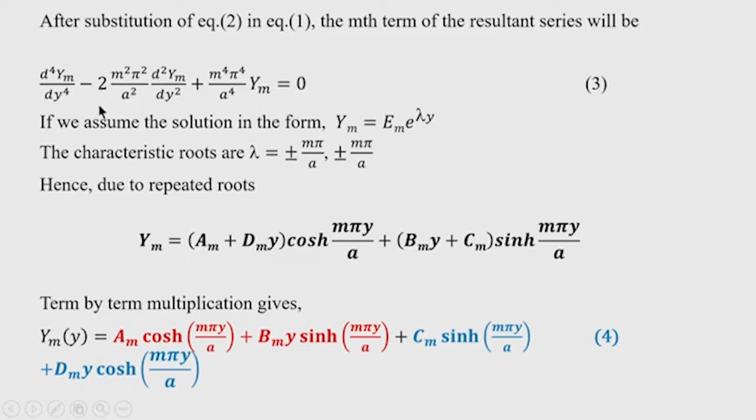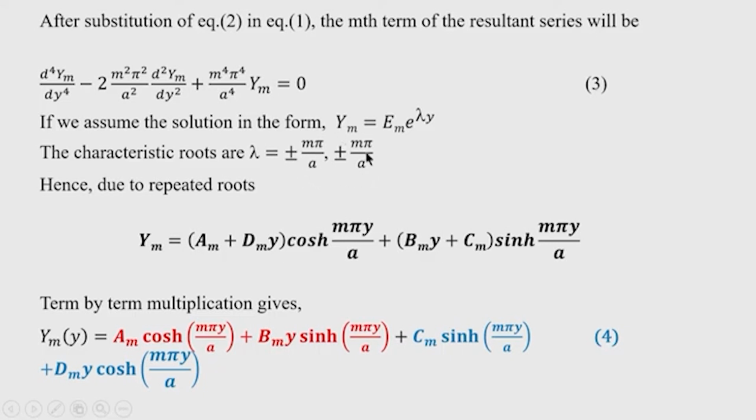So, the characteristic equation will be lambda to the power 4 minus 2 m square pi square by a square plus m to the power 4 pi to the power 4 by a to the power 4 equal to 0. By solving this characteristic equation, we get 4 roots, because this is a fourth order polynomial. You can see the roots are repeated: plus m pi by a, plus m pi by a is repeated, and similarly minus m pi by a, minus m pi by a will be repeated.